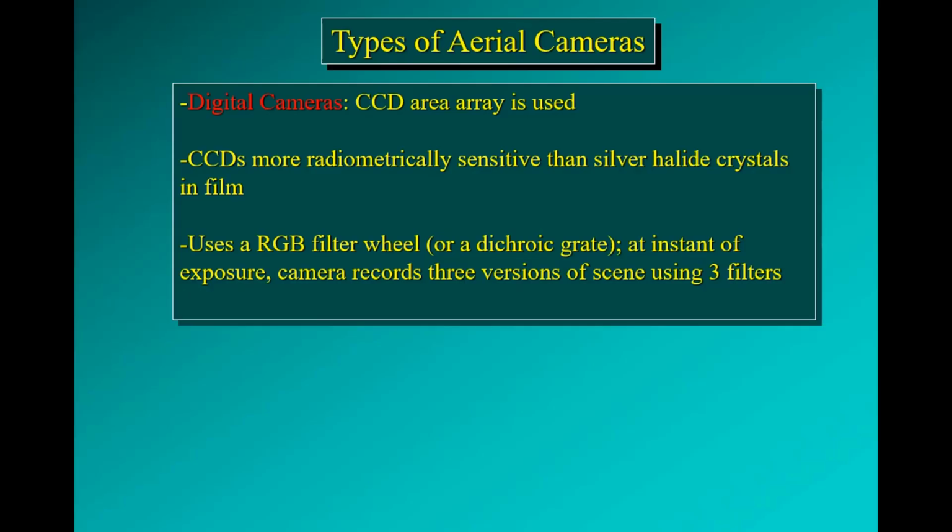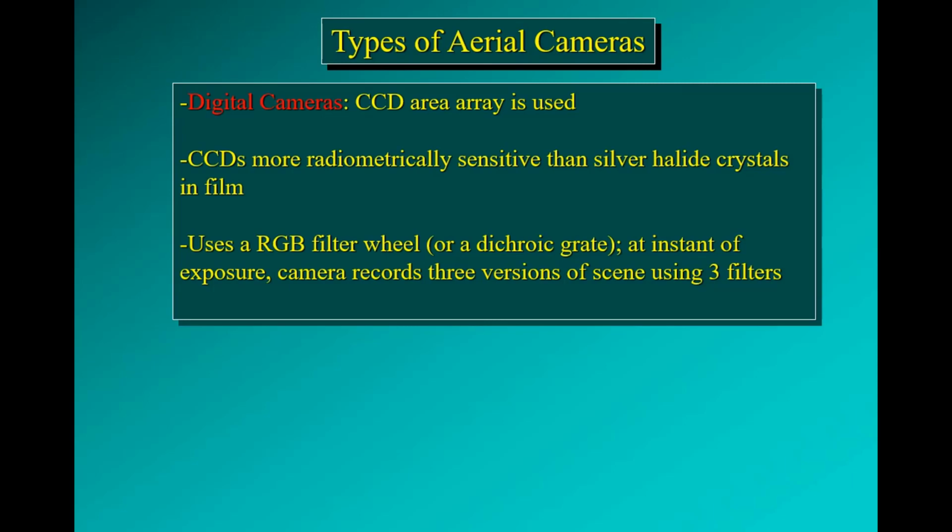Of course, digital cameras constitute a very important type of camera system for aircraft-based remote sensing. And as I mentioned previously, much of aerial remote sensing has gone over to acquiring images with digital cameras. So with a digital camera, instead of using film, we are using, for example, a charge coupled device or CCD area array.